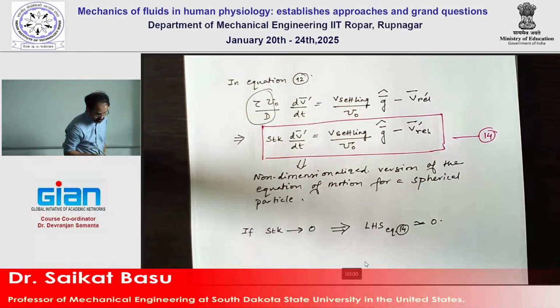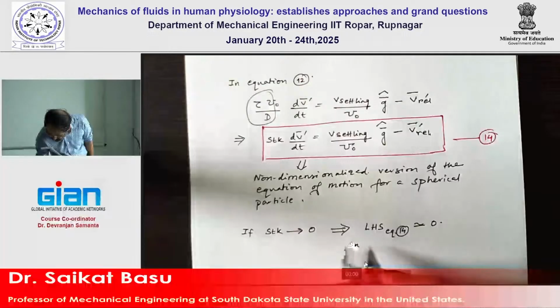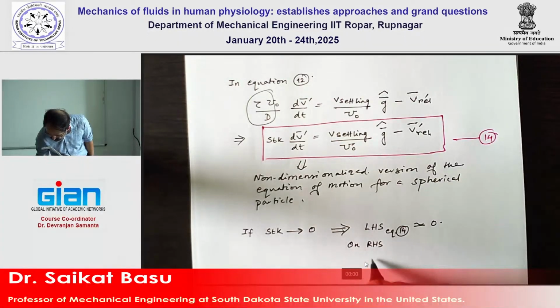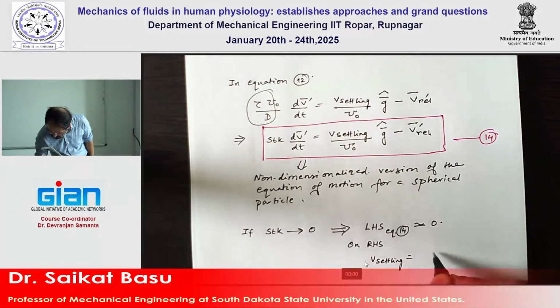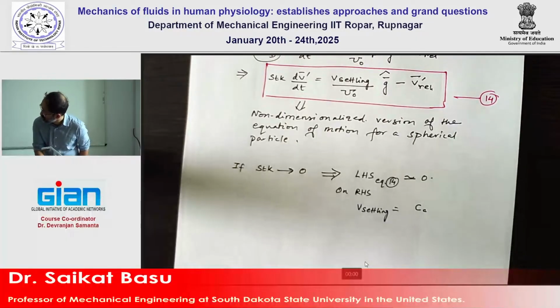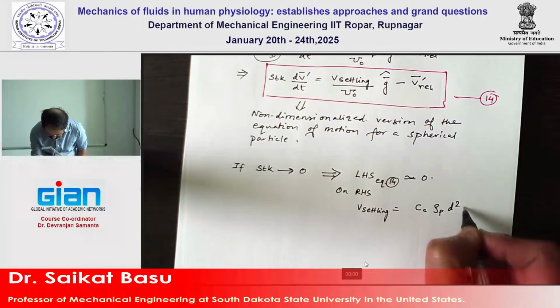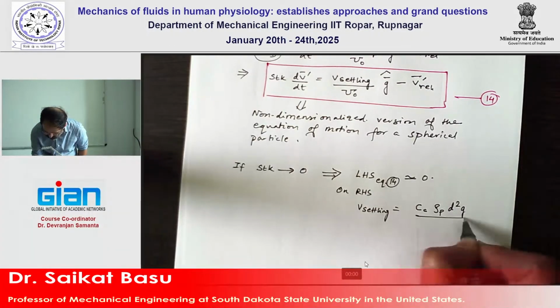On the right hand side you have V settling, which is, if we again use the formulation that we have derived before, slip correction factor times rho p d square g over 18 mu.